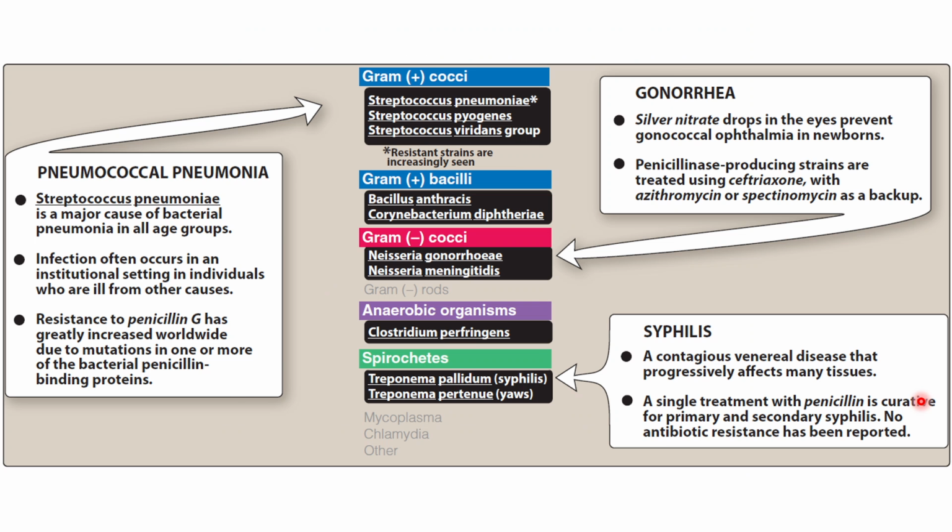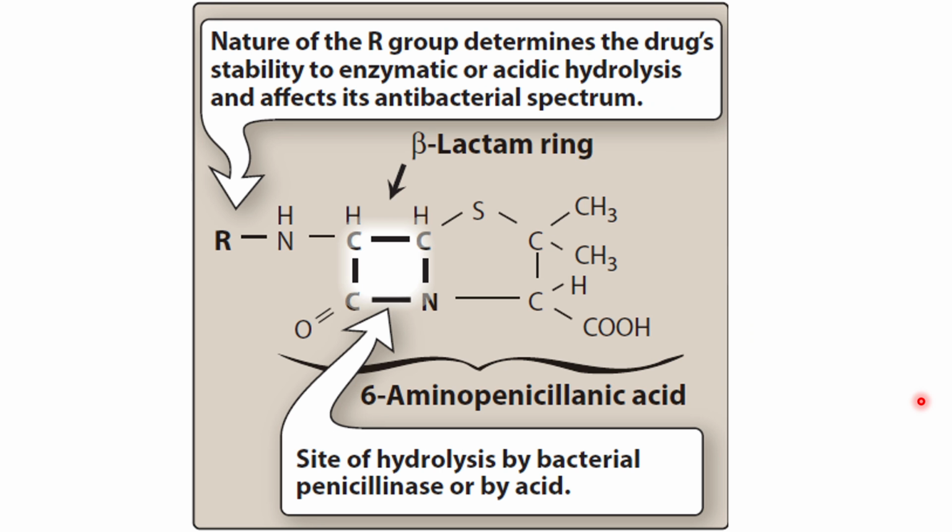And the penicillins have the beta-lactam ring that is required for the activity, and the chemical structure of the penicillins is 6-aminopenicillanic acid. So we have an amino group at position 6, and we have penicillanic acid, so this is the chain of the penicillanic acid.